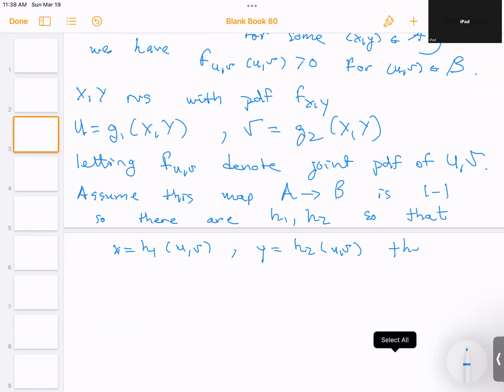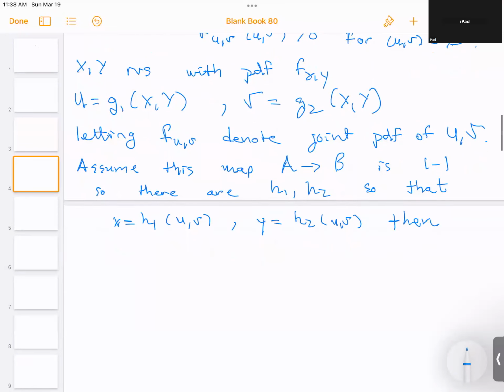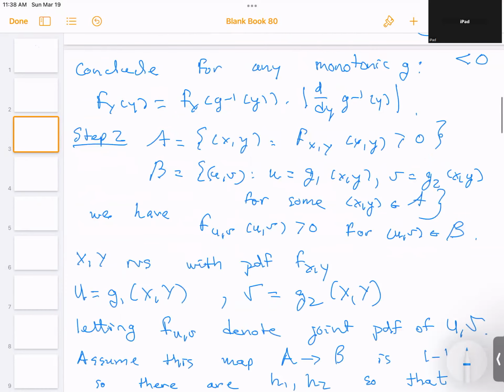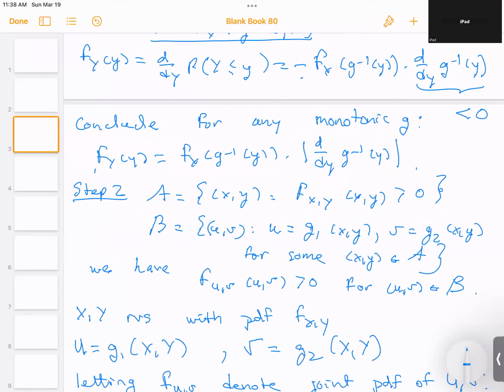This is the thing that's supposed to look like the other result for one variable. We want the joint density for U and V. Do you remember? Let's look up here. f_Y, the density of the new variable that was made, g(X), is f_X evaluated at g inverse of y, times the absolute value of the derivative of g inverse.